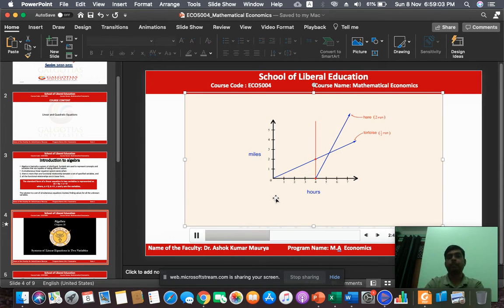This is the graphical representation of the race of the tortoise and the race of the hare. The line of the tortoise is less steep compared to the line of the hare because the per hour speed of the tortoise is less than the speed of the hare.